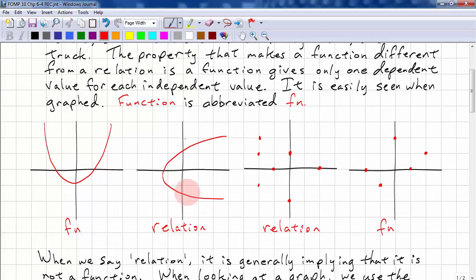Here we can see that it's not a function. So the problem is this. Suppose that the upper part of this graph looked like that. So it's an ellipse. And clearly this is not a function because it passes through two dependent values for an independent value. So that's why I said it's hard, because we have to check the whole graph.